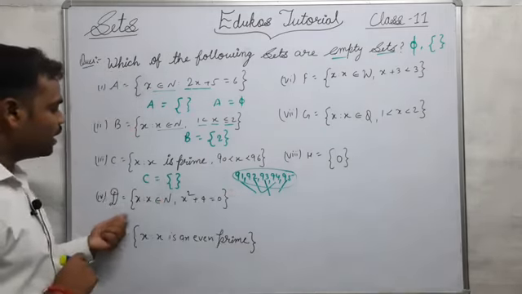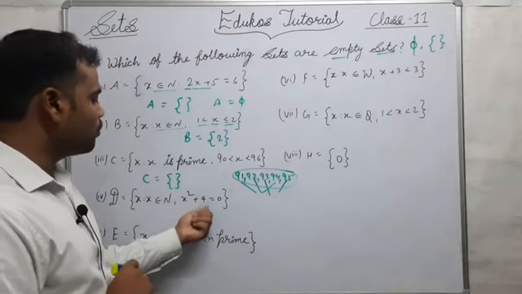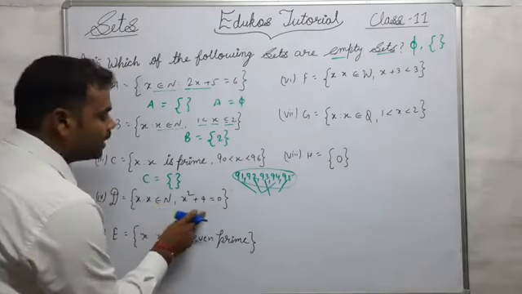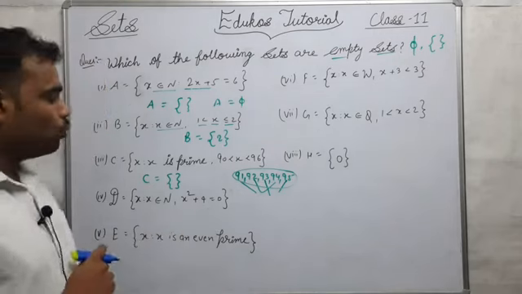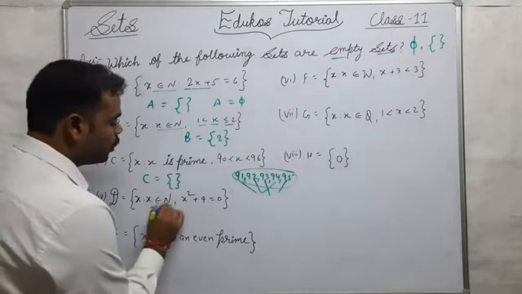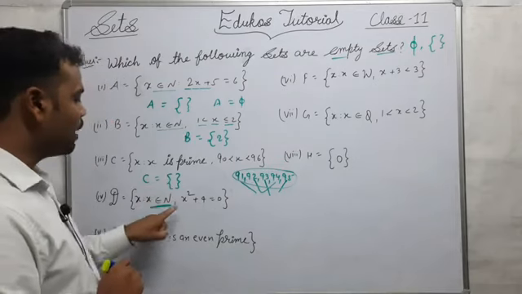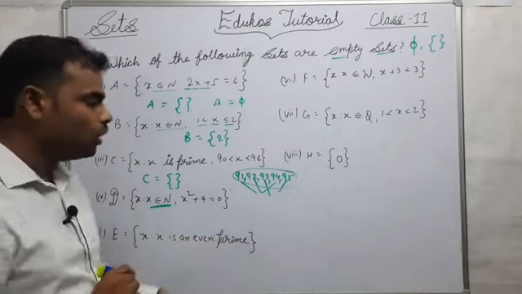Now in set D, x belongs to N and x square plus 4 is equal to 0. We know the smallest natural number is 1. If I put 1 here, it gives 5, which is not equal to 0.